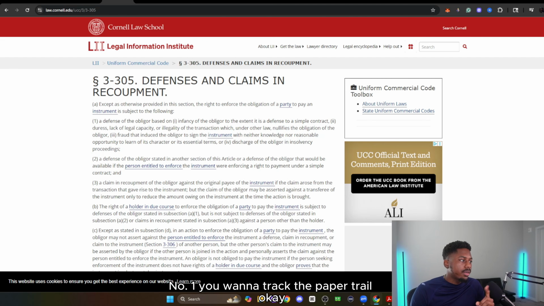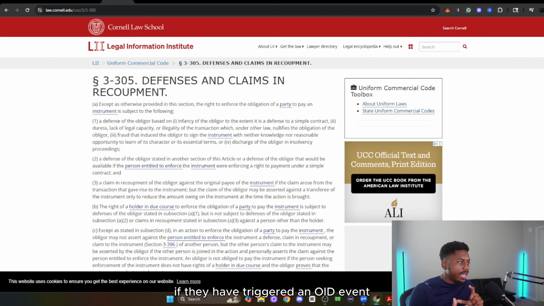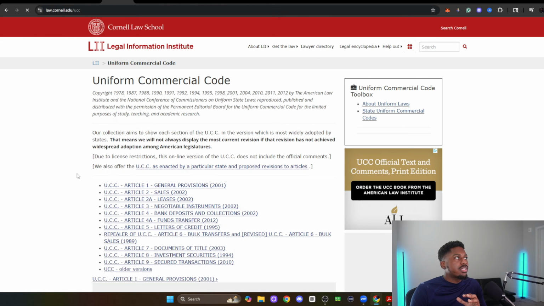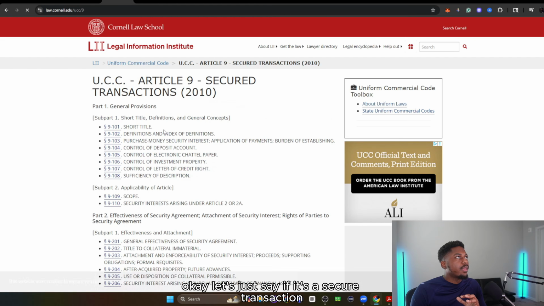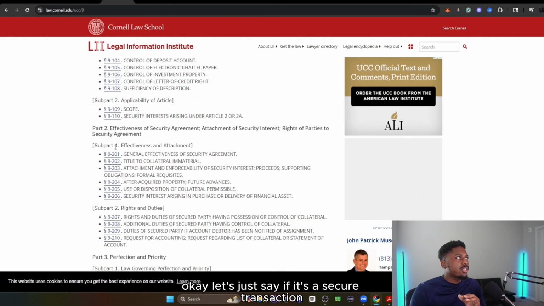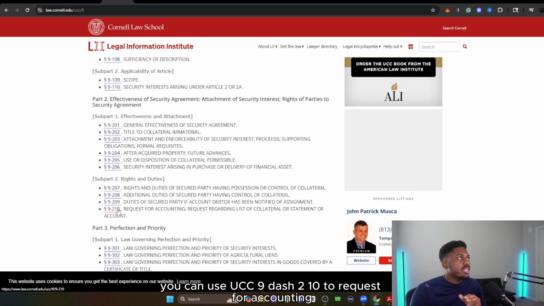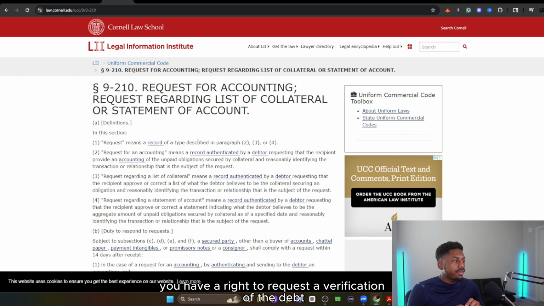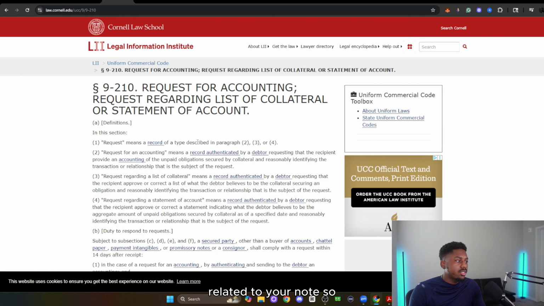Number 1, you want to track the paper trail. If they have triggered an OID event, this is how you want to uncover it. Let's just say if it's a secured transaction, you can use UCC 9-210 to request an accounting regarding the list of collateral or a statement of account. You have a right to request a verification of the debt, including an itemized accounting of all transactions related to your note.